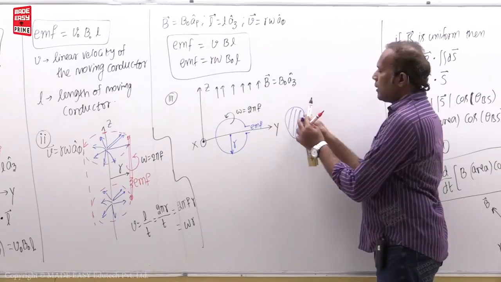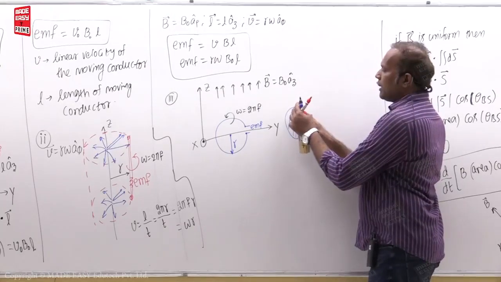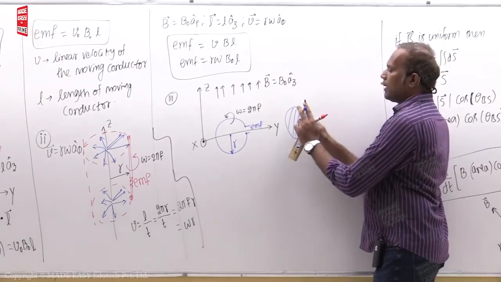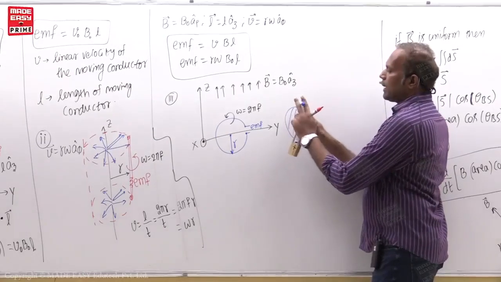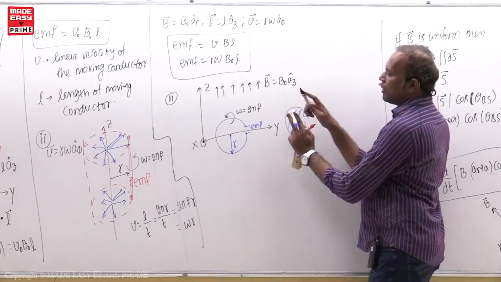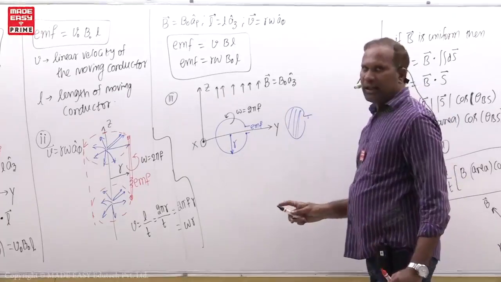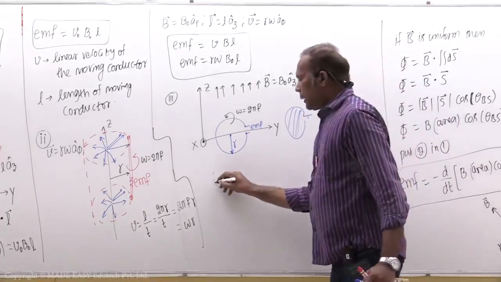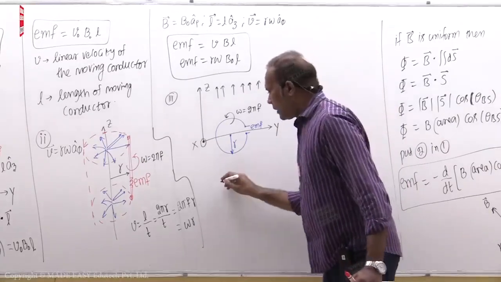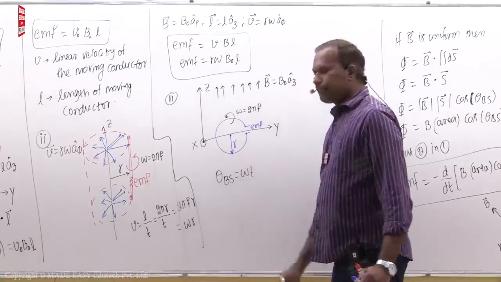If the loop rotates, then this surface vector also rotates. Then the angle between B bar and S bar also changes with respect to frequency and time. So theta BS becomes omega t.